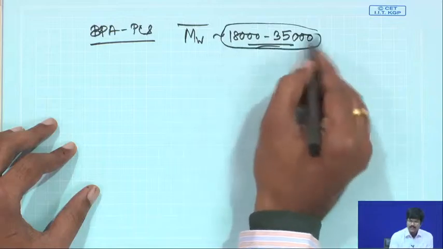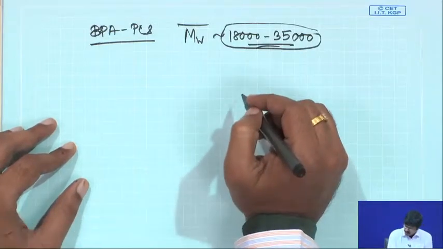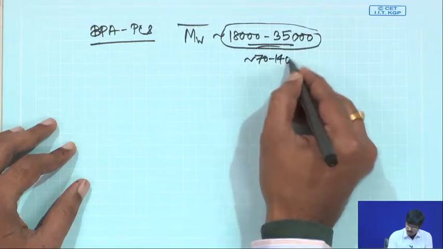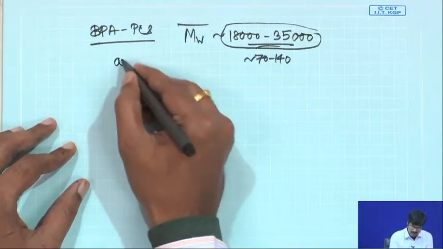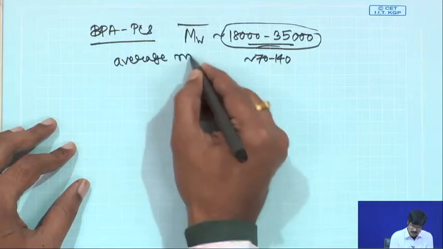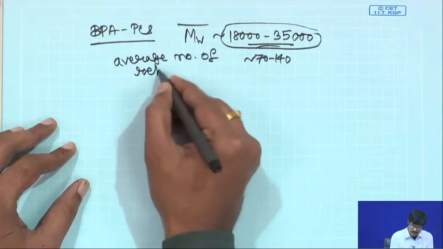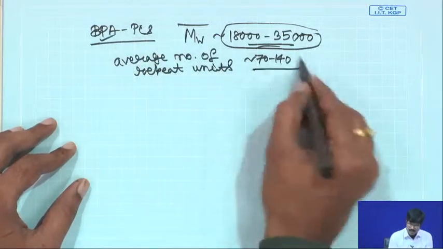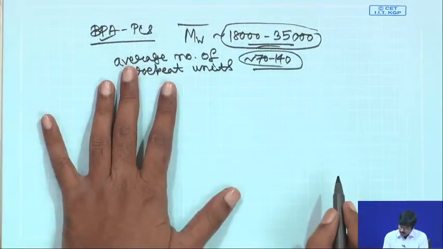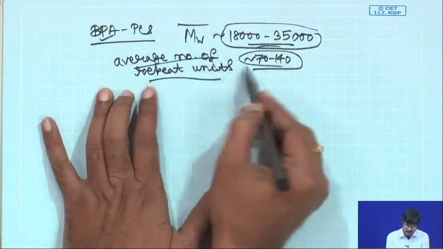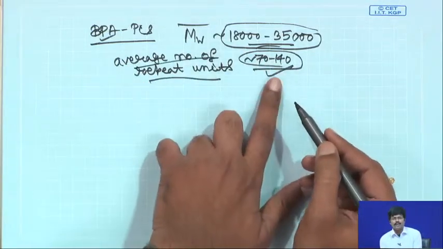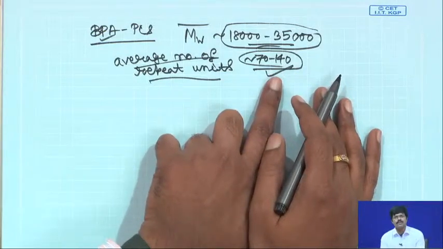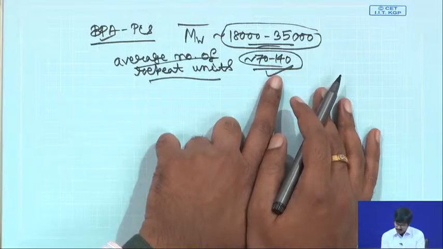So, the degree of polymerization is relatively low, and the average number of repeat units in commercial bisphenol A based polycarbonates is around 70 to 140. Now, although this number of repeat units is not very high, it is good enough to have extraordinary toughness and high heat resistance for the material.